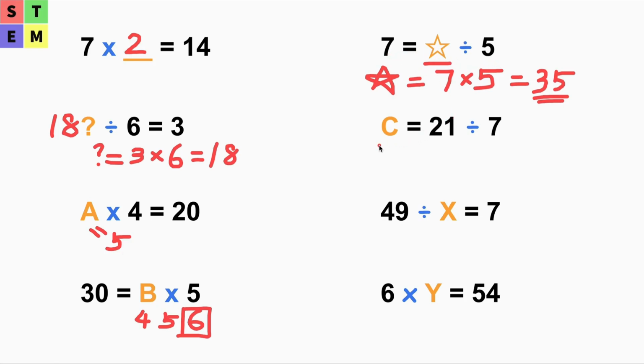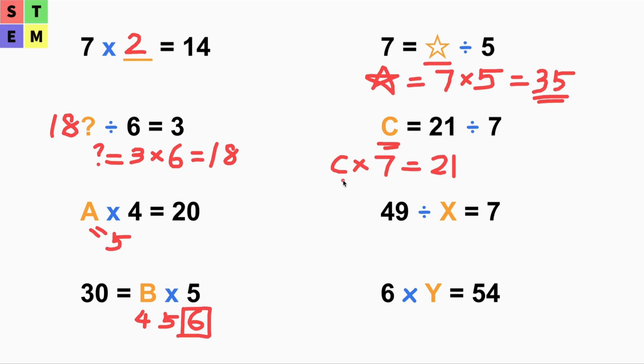Okay, let's find out C here. C equals 21 divided by 7. In other words, C times 7 equals 21 here. So what's C then?